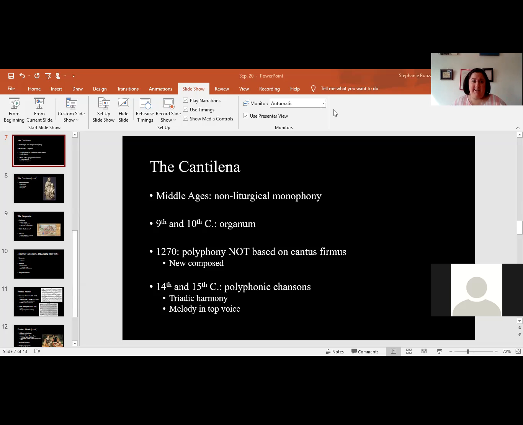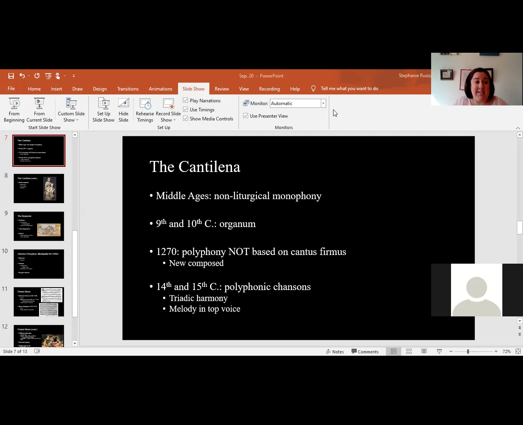Not a well-defined thing. By the 9th and 10th century, the cantilena came to be associated with organum, like we heard at Notre Dame. So it was this idea of now we can take non-liturgical music and have more than one voice. Okay, again, pretty vague.